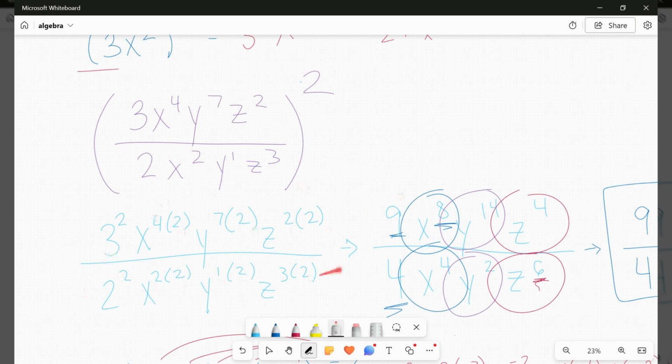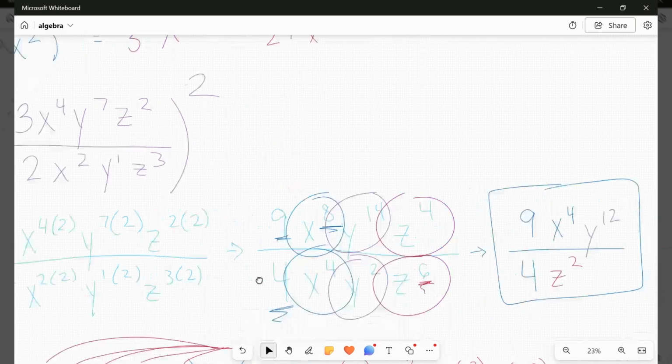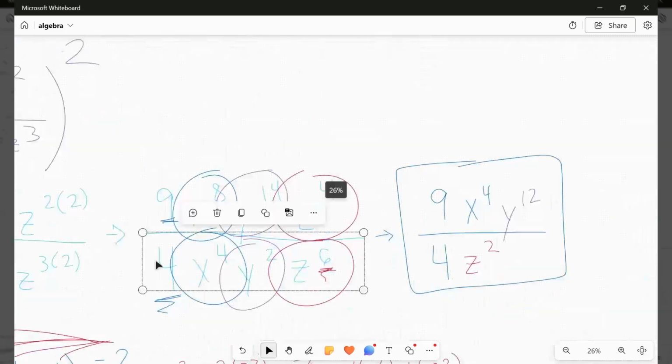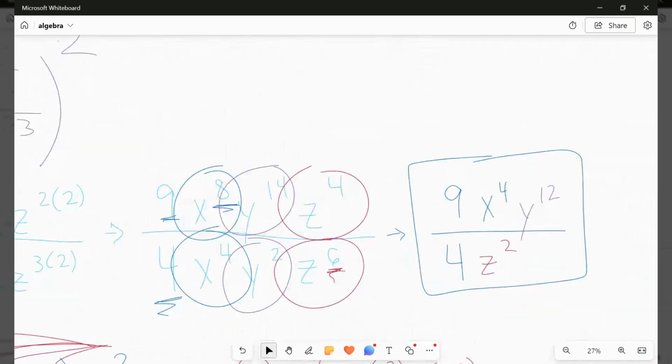Now, once we have that, we're almost there. All we need left is to simplify our exponents. We should know how to do this from the video where we explained dividing exponents. So we subtract here. We get x to the 8th minus x to the 4th should give us x to the 4th.